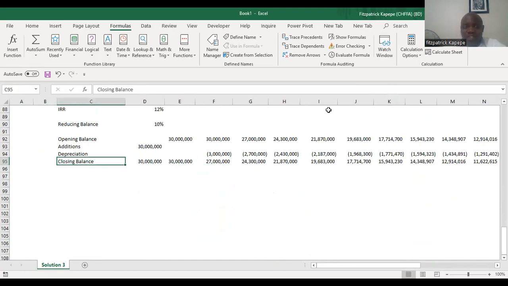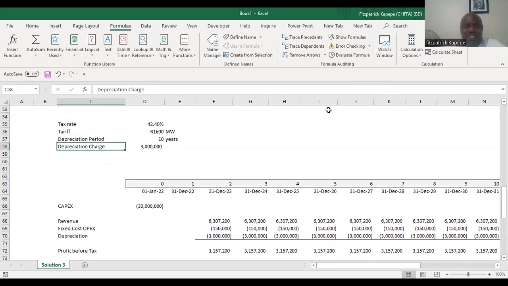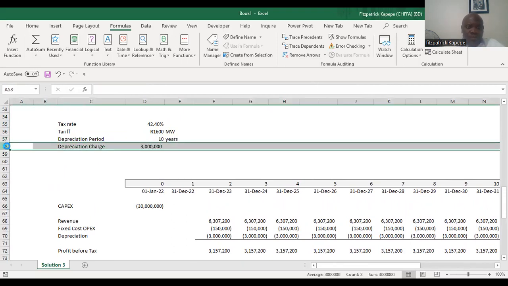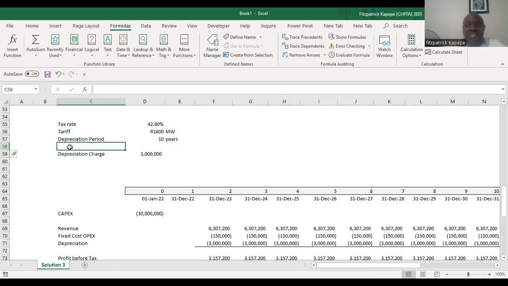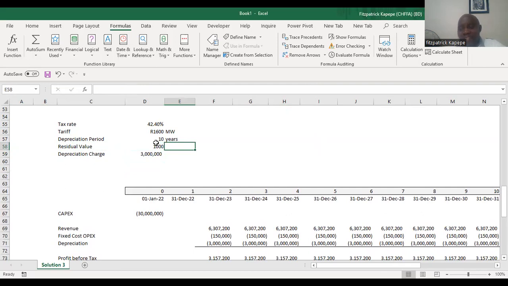Then also the other thing, the examiner can trick you. Here under depreciation charge, they can put 10 years. Then the examiner would say straight line, but there's a residue value, for example, of maybe 1,000. What this 1,000 does is it will also act as a cash inflow.